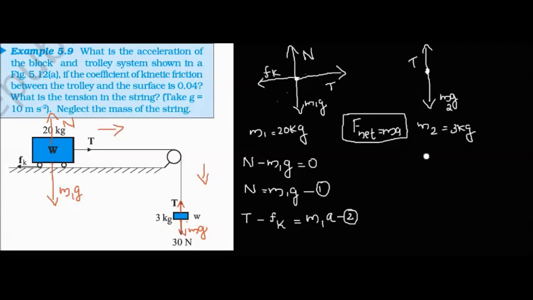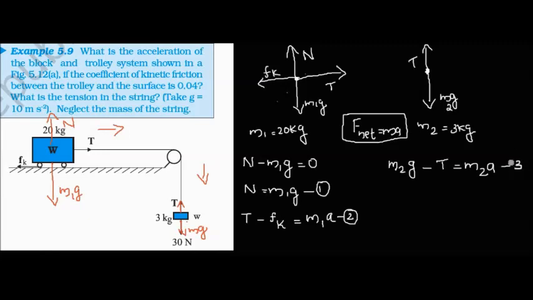Similarly, I have to write the expression for the block with mass 3 kilogram, and no force is acting along the horizontal direction. Along the vertical direction we have two forces, m2g and T, and since the system has acceleration along the downward direction, I am taking this m2g as positive. m2g minus T is equal to m2 into a.